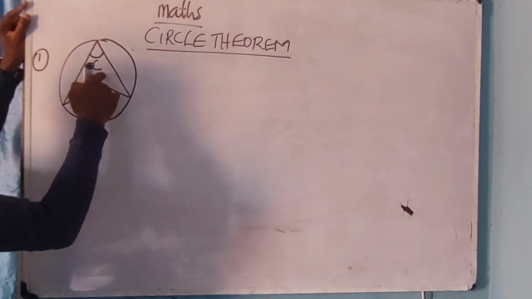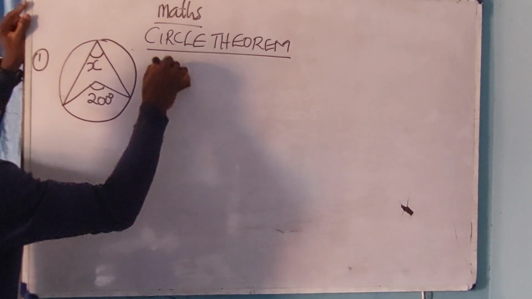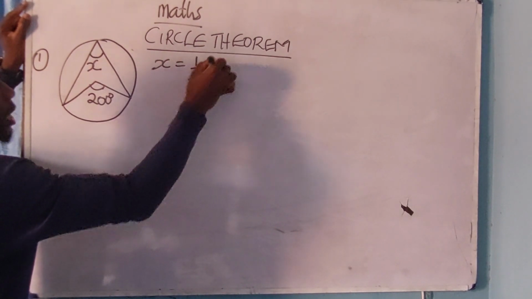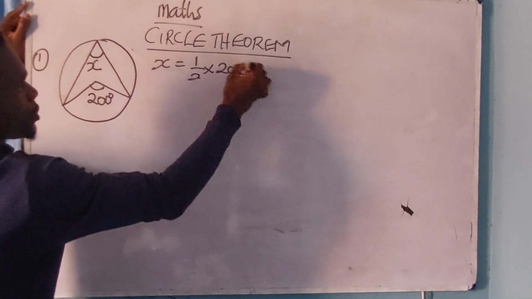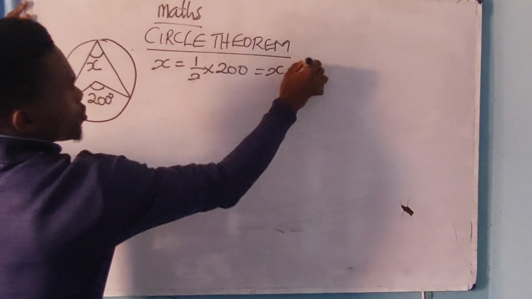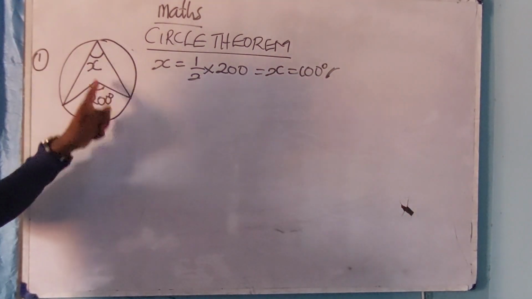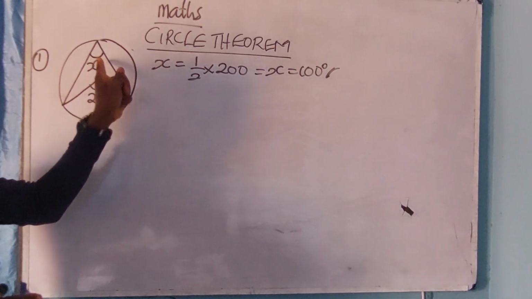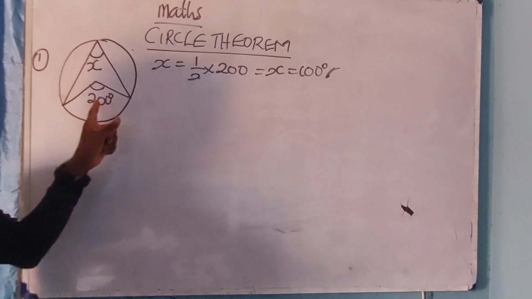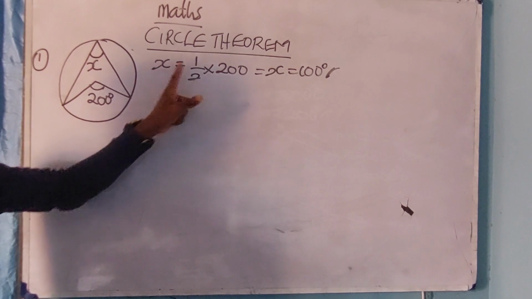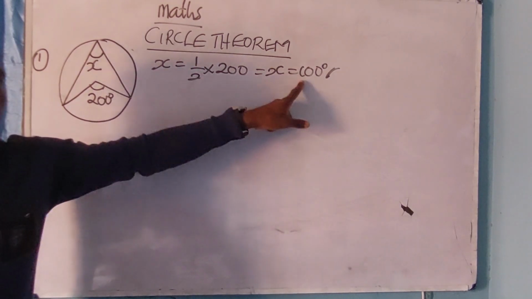Therefore, x is equal to half the angle at the center, which is 200. Therefore, x equals 100 degrees. Angle at the center is twice the angle at the circumference, but the angle at the circumference is half the angle at the center. Therefore, x equals half the angle at the center, you now have 100.